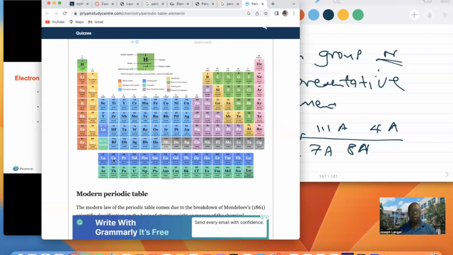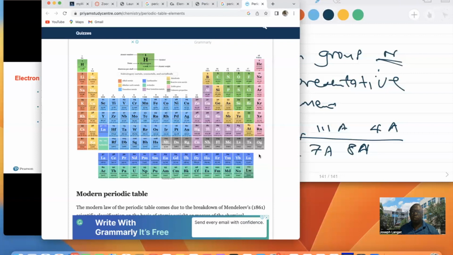They may have increased it, it should be 14 for this, because the lanthanide shouldn't be here. The lanthanide should be here in the periodic table. Let me just confirm from the text. I got that from the internet. You may not really see it here, but if you refer to our text, the lanthanide should be in here so that we are 14 in length.